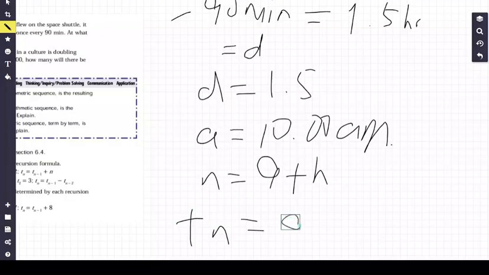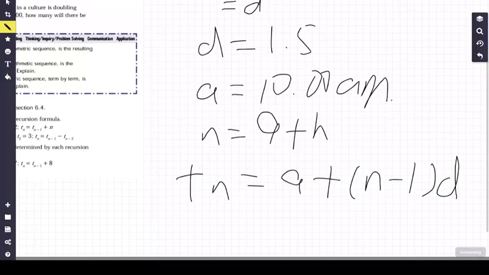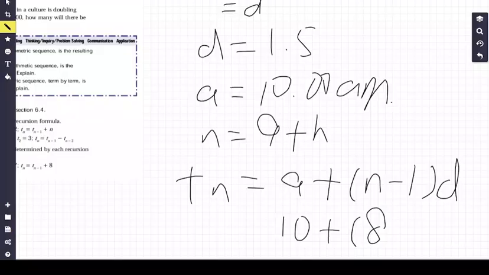is equal to A plus (n minus 1) d. So we will have A goes to 10 plus n, which is 9, minus 1, times d, which is 1.5.